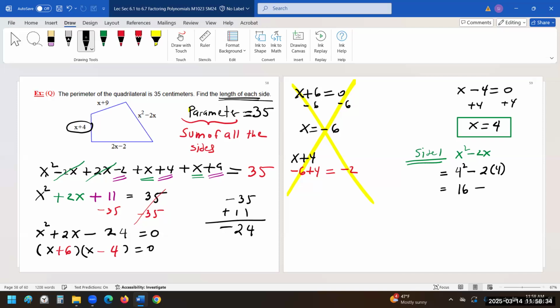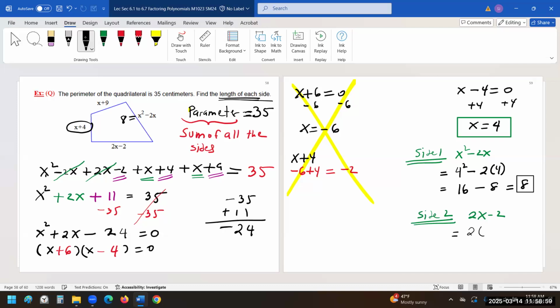And 2 times 4? So how much is this side? 8. So one side is 8. Then we go to the next side. Side 2, it's 2x minus 2.